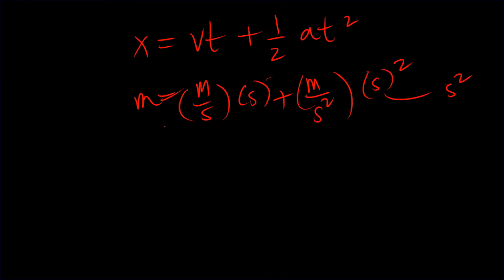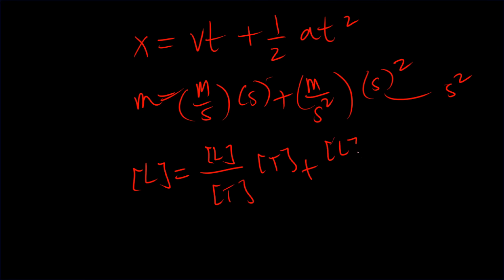So sa dimension, length, we have here another length. Lahat ng meter is a unit of length. Lahat ng second is a unit of time. So we have here another time plus length over time squared, and we have here time then squared.